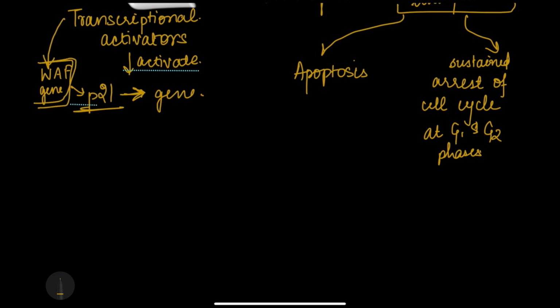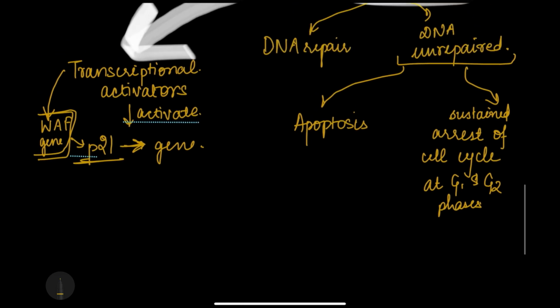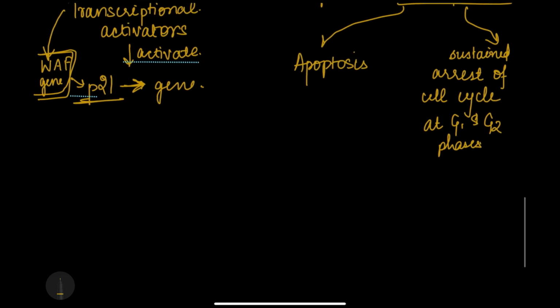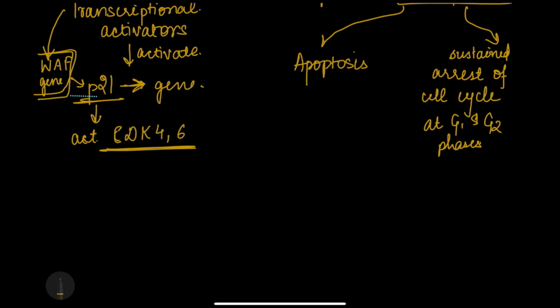If you want to, you can, but majorly you have to learn that p53 activates p21, and this p21 acts on CDK4 and CDK6. Why have I written CDK4 and CDK6 here? Because basically in the G1 phase, CDK4 and 6 are involved, right?